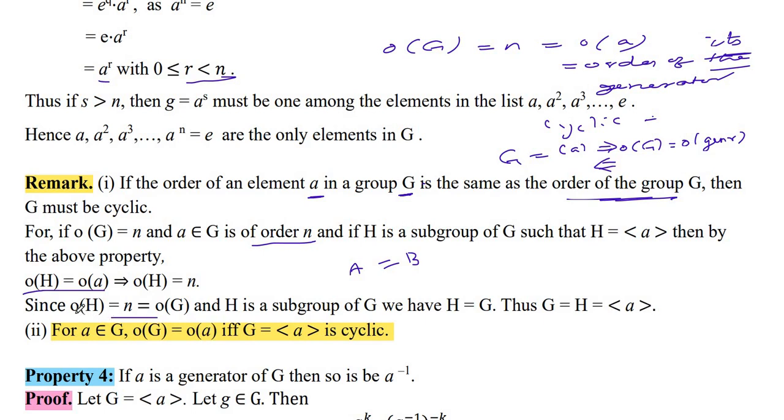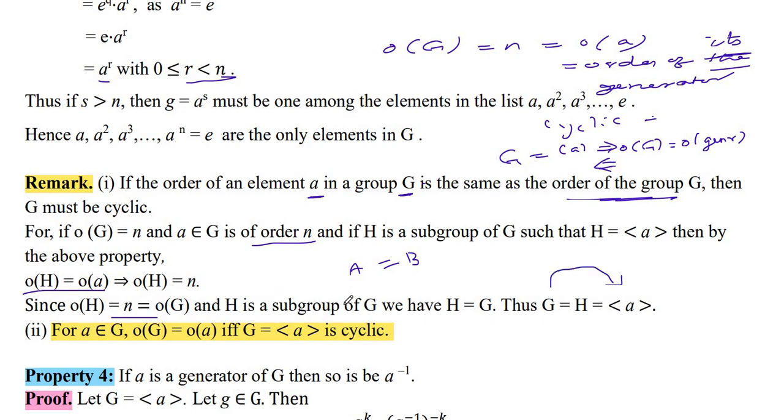So here to have H equal to G, both of them are of the same order and one is contained in the other. So we must have G to be H, but H is generated by A, so G must be generated by A.